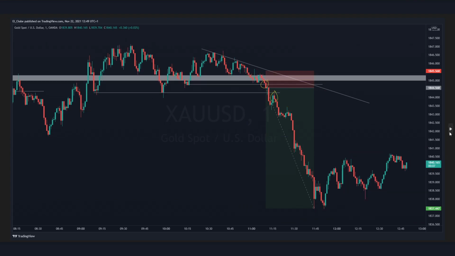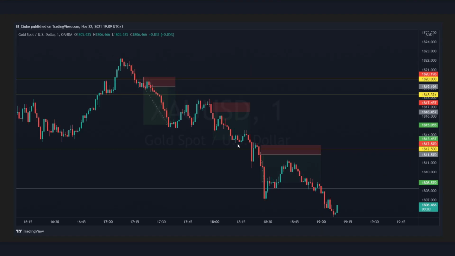So let's move on. As you can see, this is now during the New York session. So what we saw was that, okay, this is a key level. We saw a breakout and then a retest. This is a trade setup that I have been looking at lately. Especially, I'm going to draw you the basic. So you have a level and you have, for example, bullish candles breaking above.